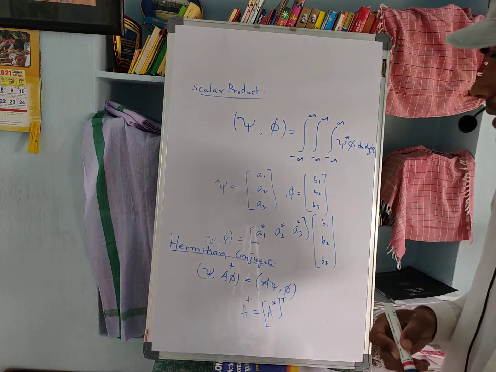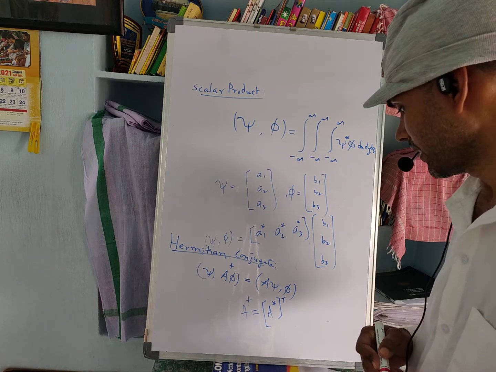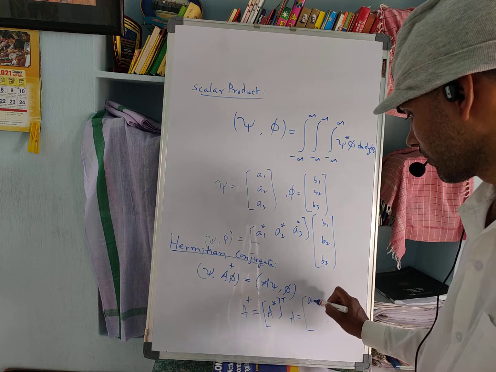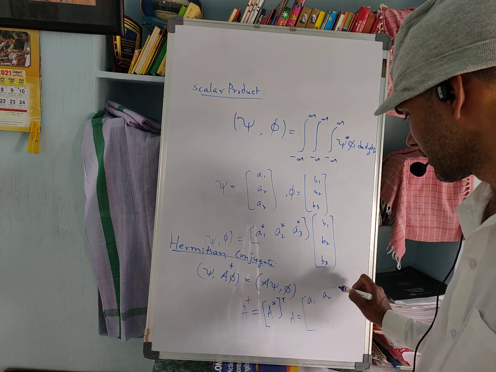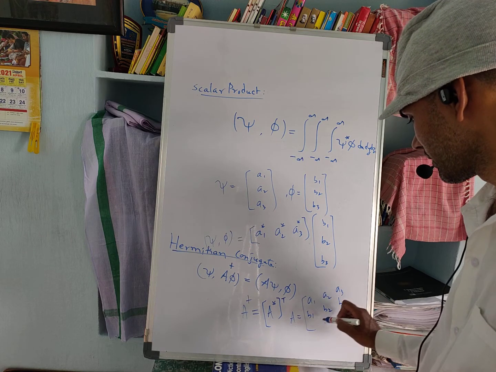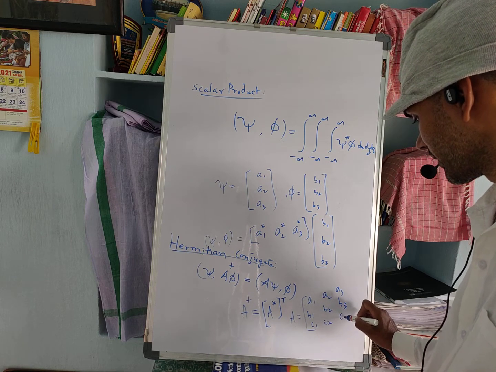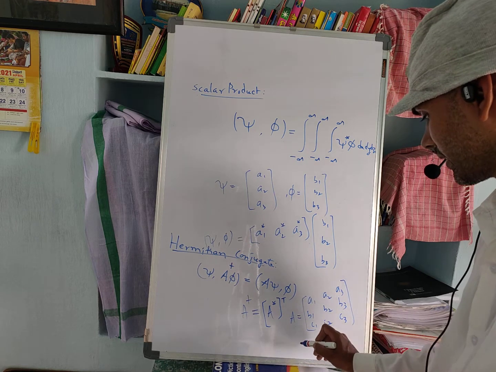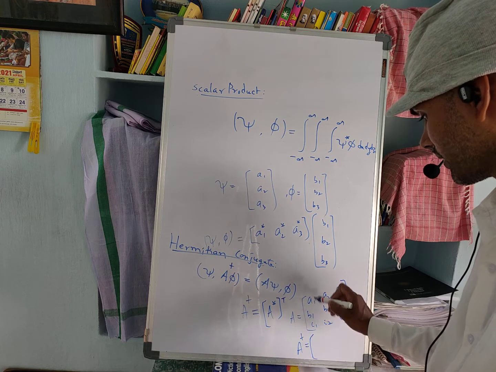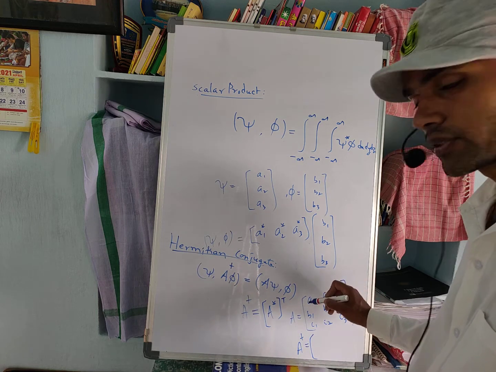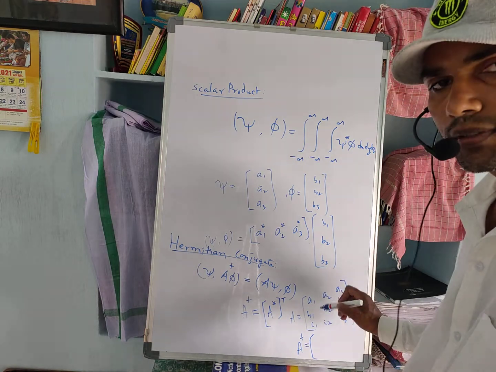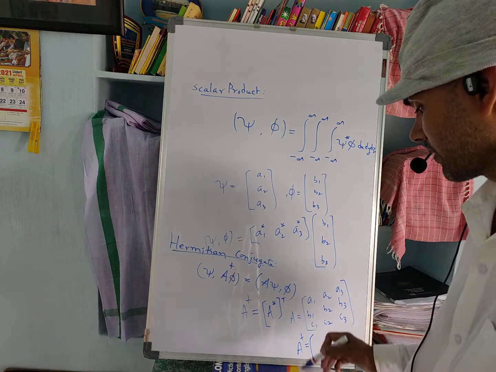Let me define A in terms of A1, A2, A3, B1, B2, B3, C1, C2, C3. Then A dagger will be, first we do the complex conjugate of all these entries. That means we get A1 star, A2 star, A3 star, B1 star, B2 star, B3 star, C1 star, C2 star, C3 star, and after that we should transpose it.